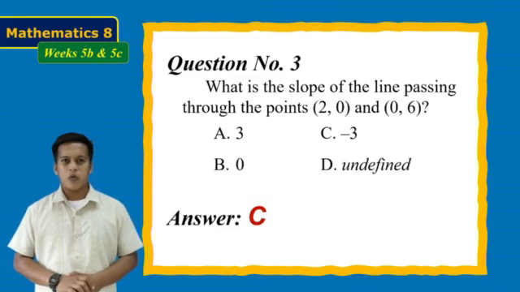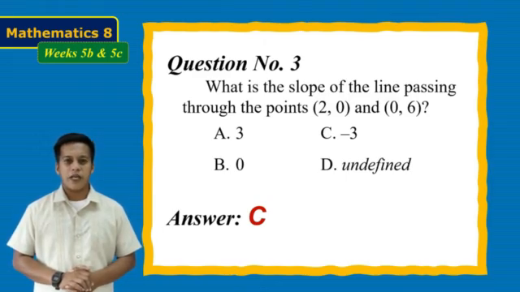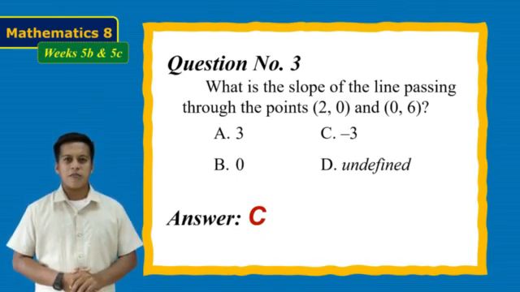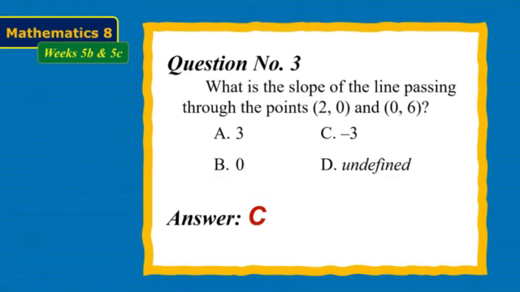That is m is equal to 6 minus 0 over 0 minus 2, which is equal to 6 over negative 2, or simplified as negative 3. Or m is equal to 0 minus 6 over 2 minus 0. That is m is equal to negative 6 over 2, and equal to negative 3.